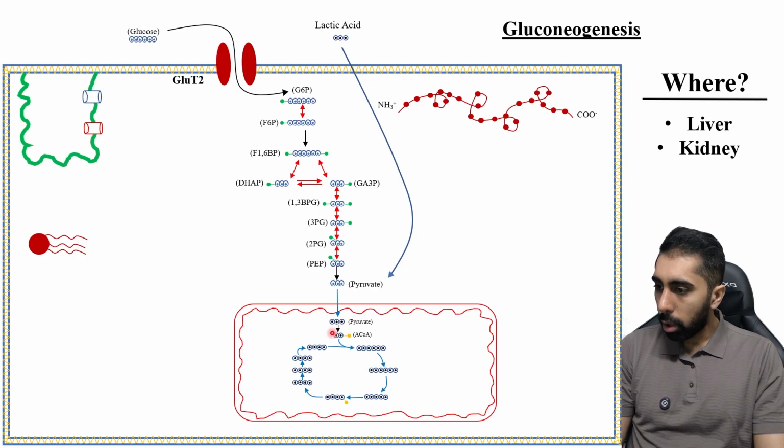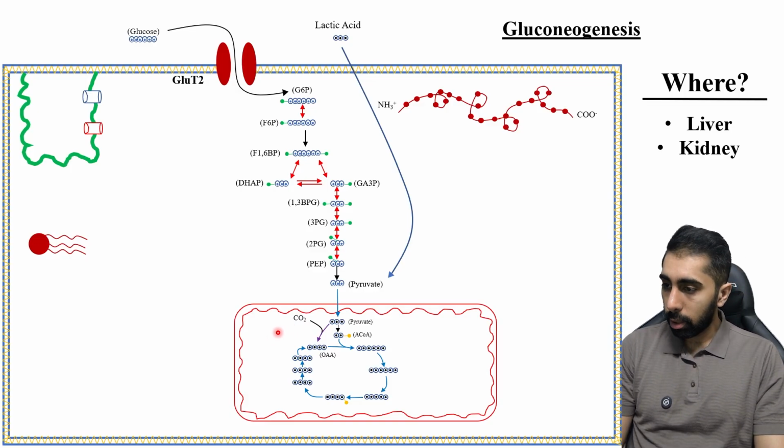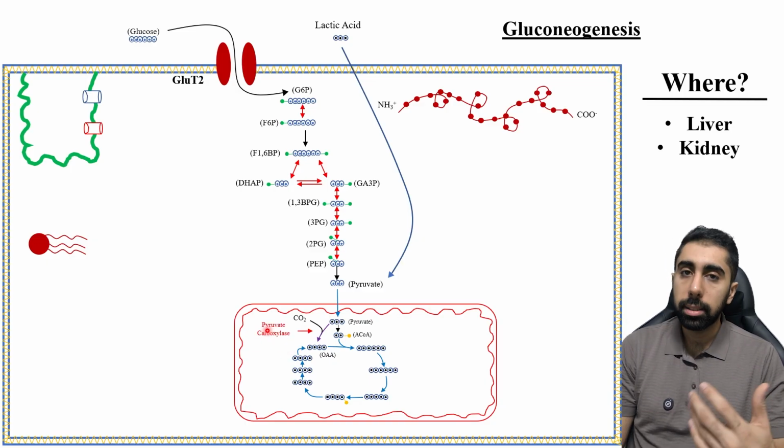So we're going to turn pyruvate into this 4-carbon molecule, oxaloacetate. What's the difference between pyruvate and oxaloacetate? Oxaloacetate has one additional carbon compared to pyruvate. So let's add a carbon to pyruvate to turn it into oxaloacetate, and the regulatory enzyme in this step is pyruvate carboxylase.